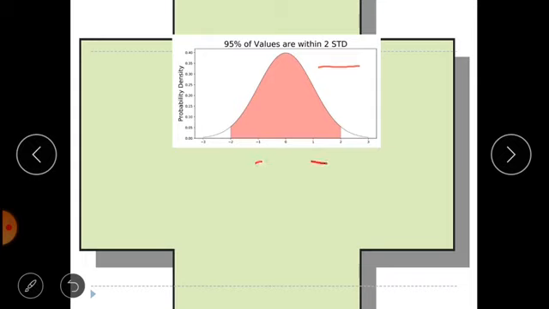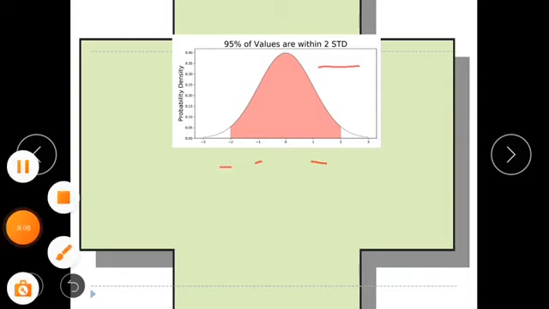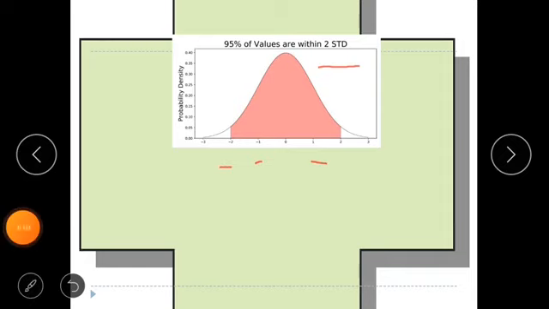Ngayon naman sa 95% of values ay between the negative 2 and then the positive 2. Yan, so ito yung ating pangalawang empirical rule, the 95% of values are within the 2 standard deviation.